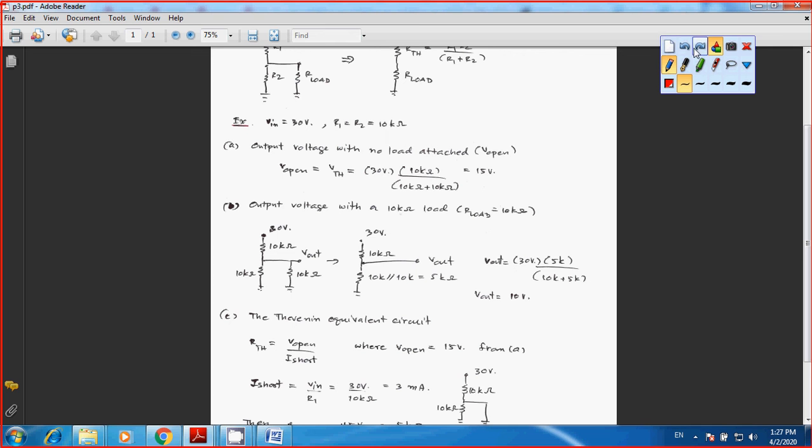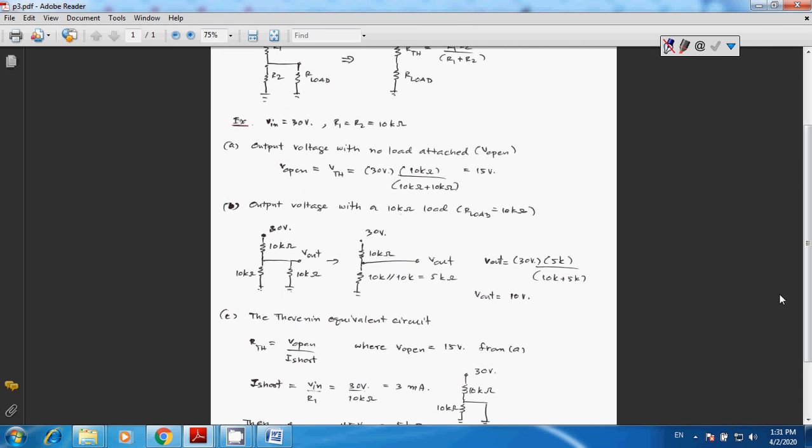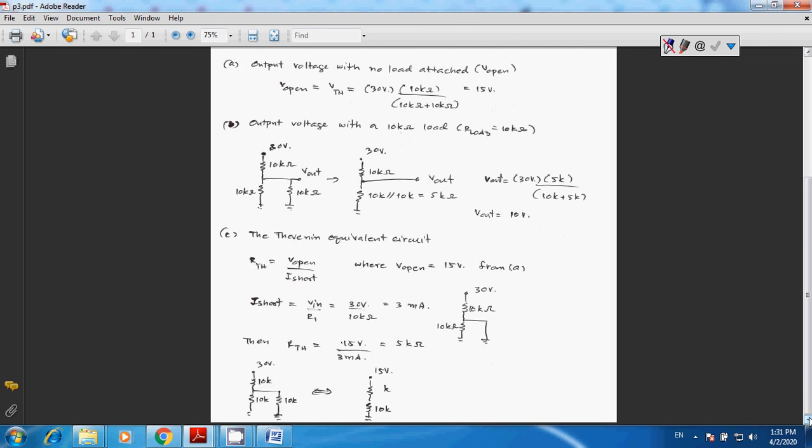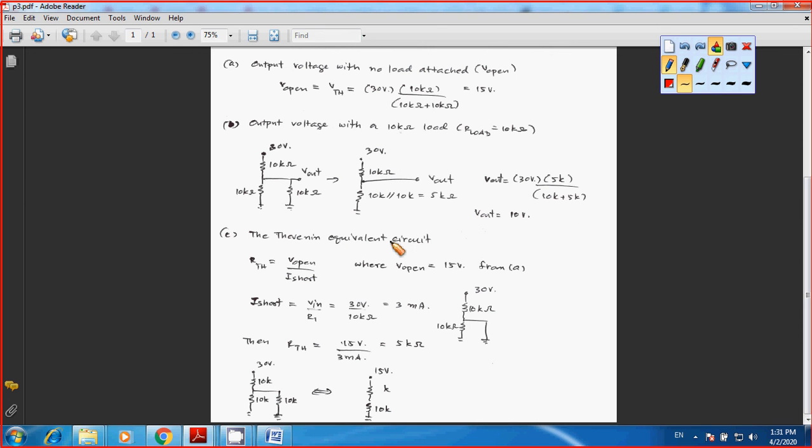Now the Thevenin equivalent circuit. You need to look for your VTH and RTH. But actually, you already calculated your VTH, equal to V open from A, right? You have your V out, 15 volts. Now to find RTH, that's equal to V open divided by I short.